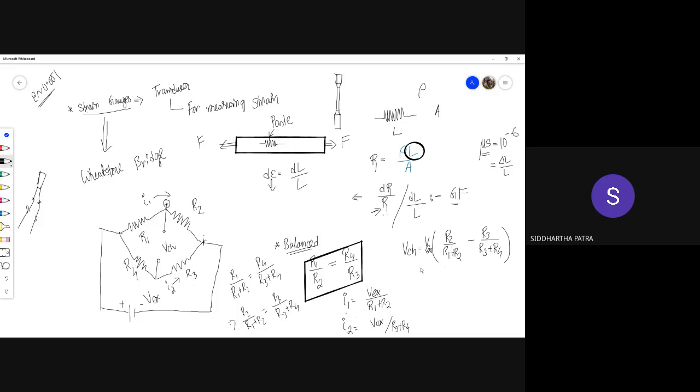And that would basically mean that when it is balanced, then this VCH is 0. Okay.